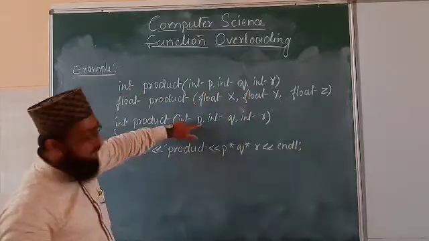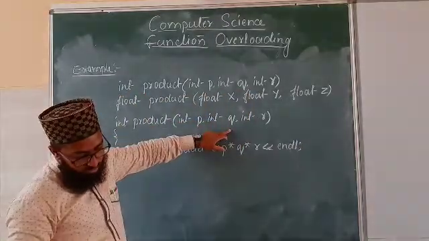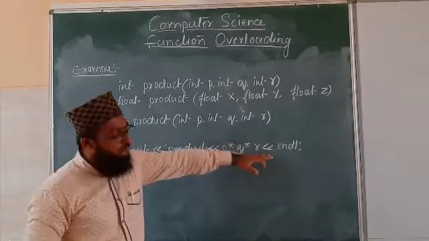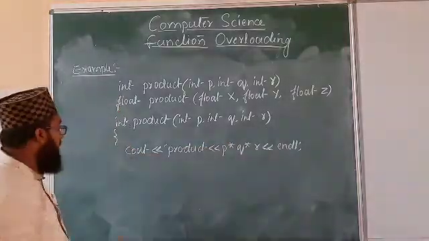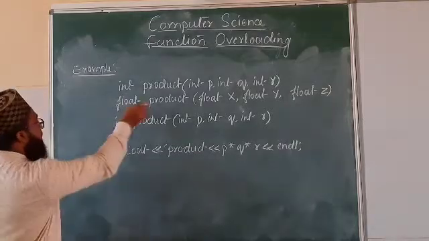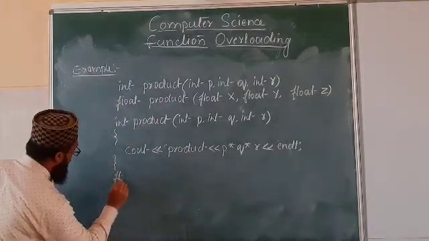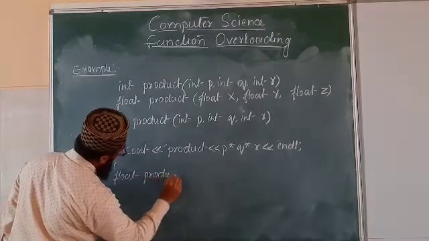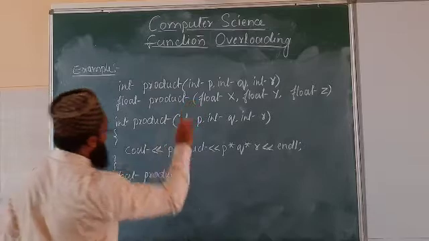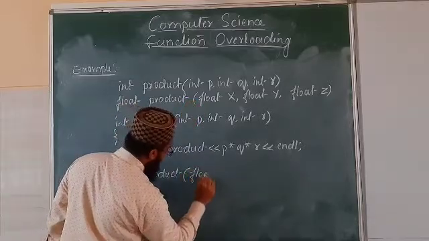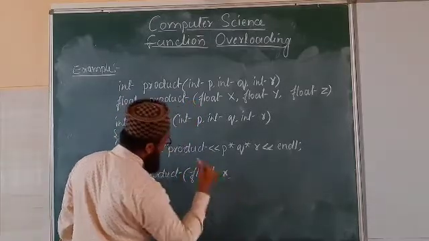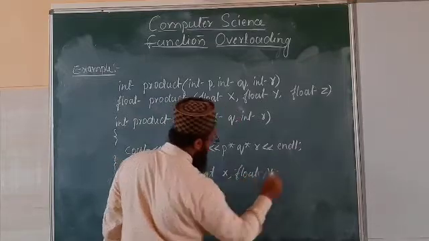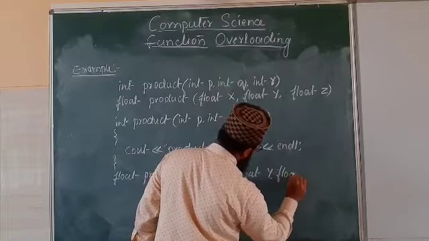For integer type calculations, we are using P, Q, R. Then close this one. After that, take the next function, that is float product. Take the arguments float x, comma, float y, comma, float z.